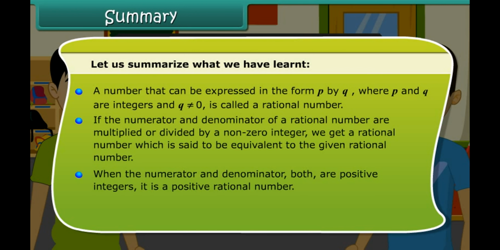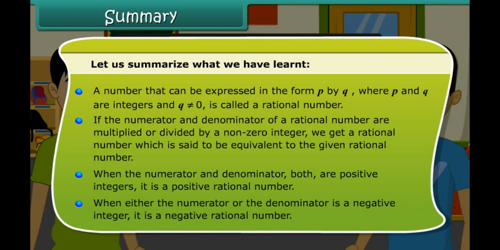When the numerator and denominator both are positive integers, it is a positive rational number. When either the numerator or the denominator is a negative integer, it is a negative rational number.